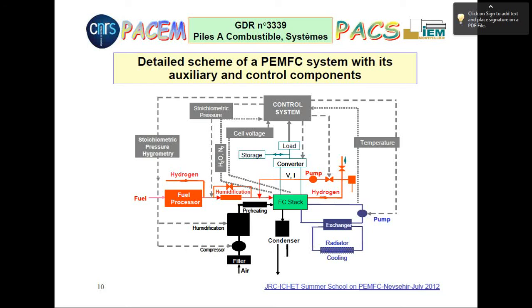The oxygen loop, here in black: you take air from the atmosphere, it is polluted, so you must have a filter, and you must feed the fuel cell stack with some extra pressure. You have a compressor, you have humidification, and you are preheating to have the working temperature of the stack, about 70 degrees.